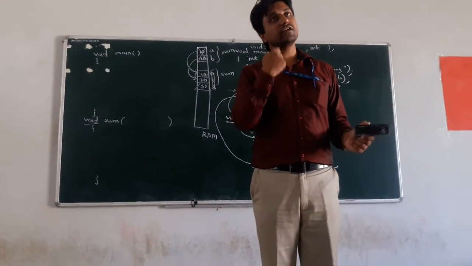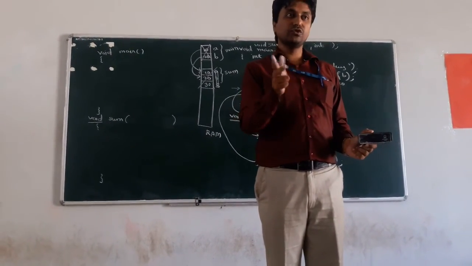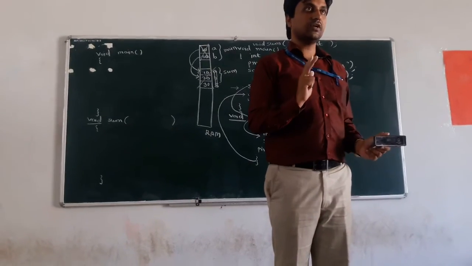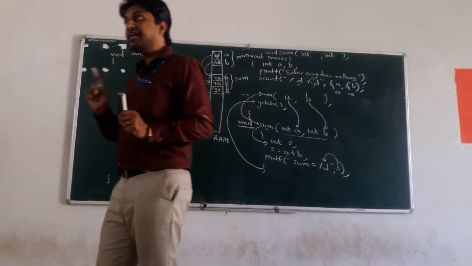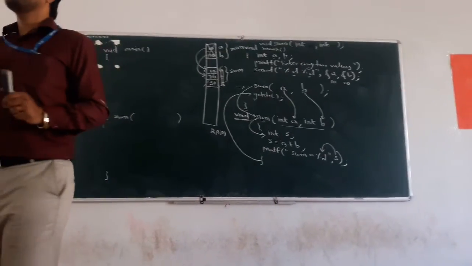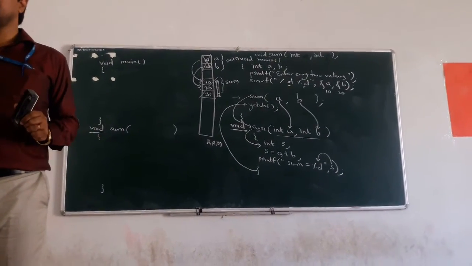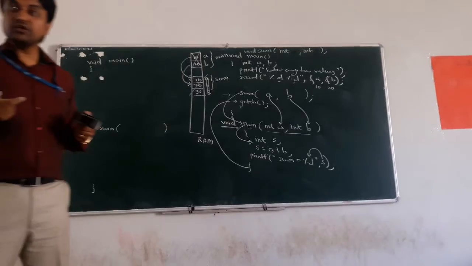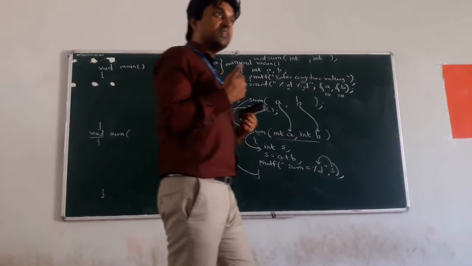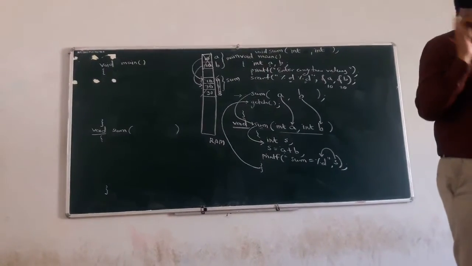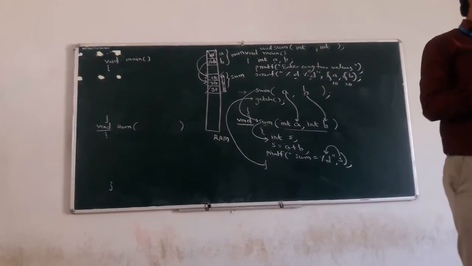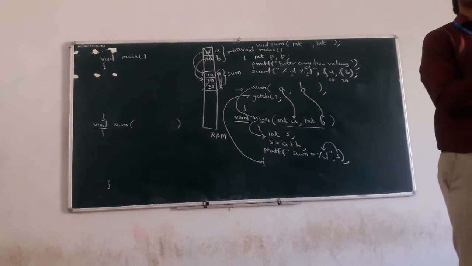You can take values from the user yourself, make the addition of those two numbers, and return that value to me. Don't display it. I am responsible for displaying the result, whatever the sum may be. Clear? That is the communication between two functions.